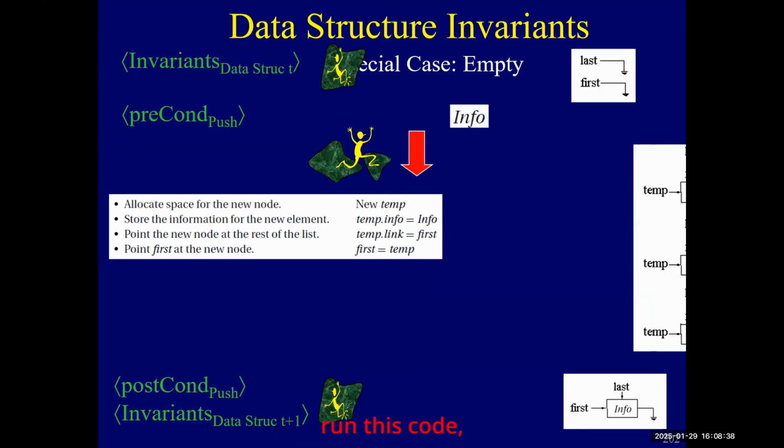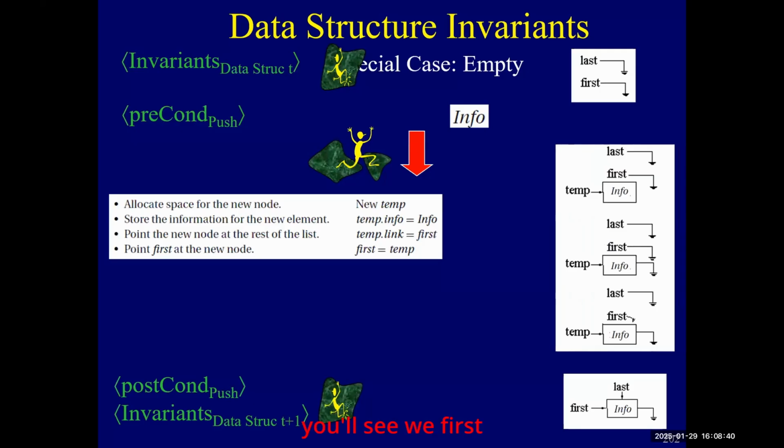If you run this code, you'll see we first get temp to point at a new thing, and then we get temp.link to point wherever first is, which is nothing, which is fine because it's the last guy. The last guy is supposed to point at nothing. And then we get first to point where temp is pointing, and it works just fine. Any questions about that?